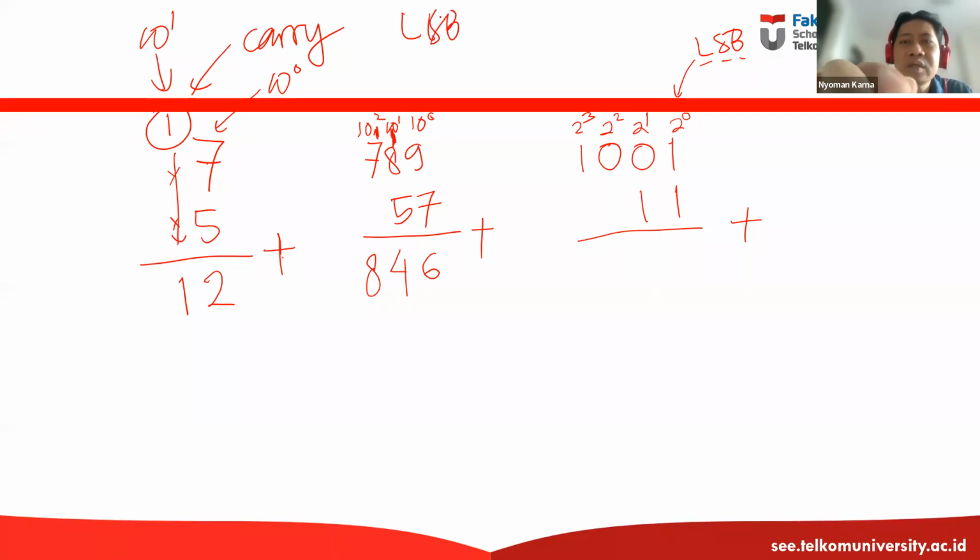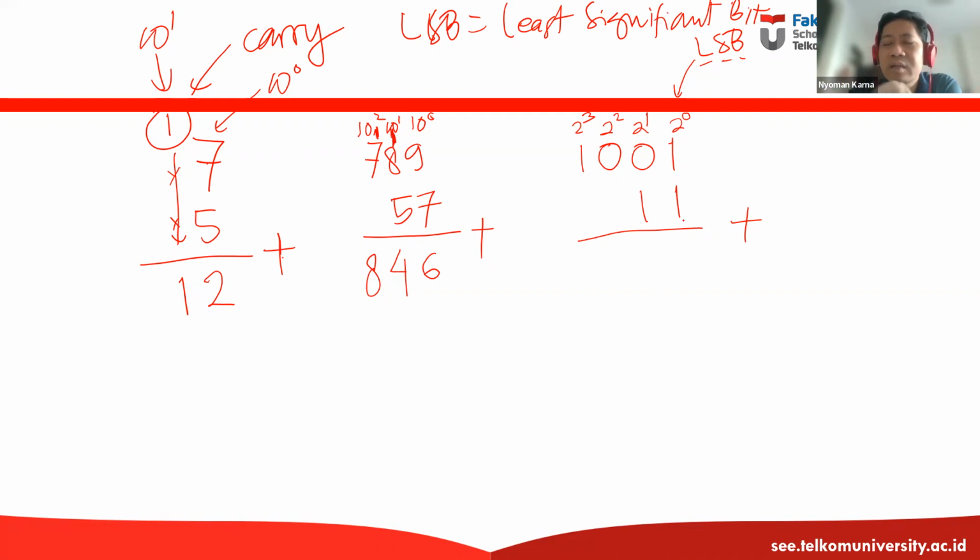So LSB stands for least significant bit. It says that this bit has the lowest weight. So 2 power of 0 is the lowest weight. Now, we're going to start at the LSB.